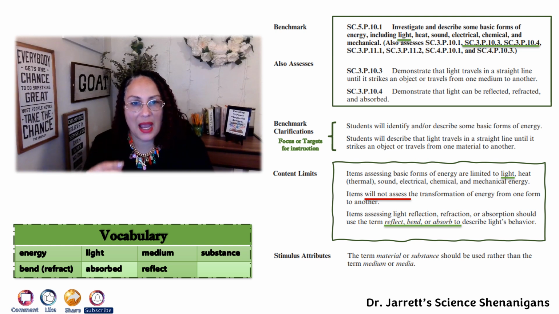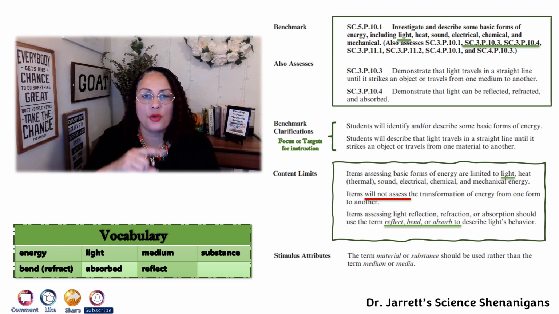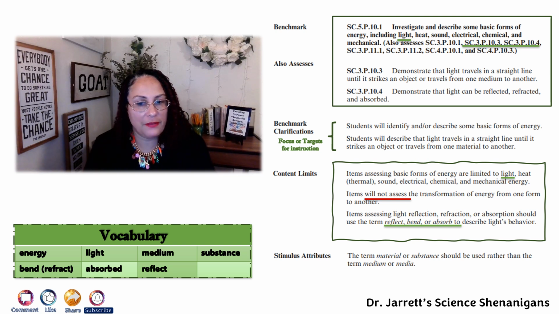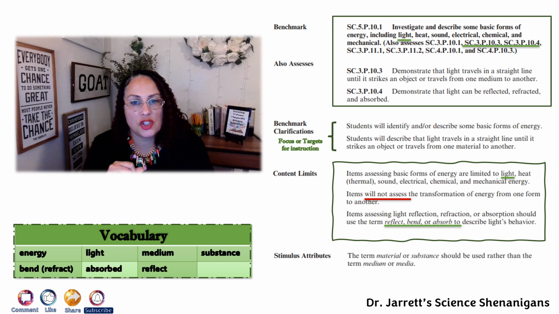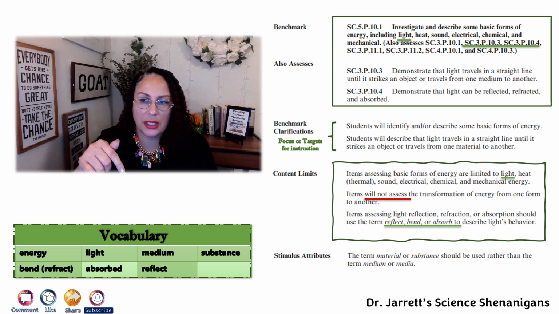Also, you want to provide them with hands-on activities so they can demonstrate that they know what they're doing in regards to this benchmark. There are definite videos out there that are short and sweet, that the students can look at and participate with. It asks them questions, they're interactive. But there are also some really great activities that you can do in your classroom with water in a glass and you stick a pencil in it.